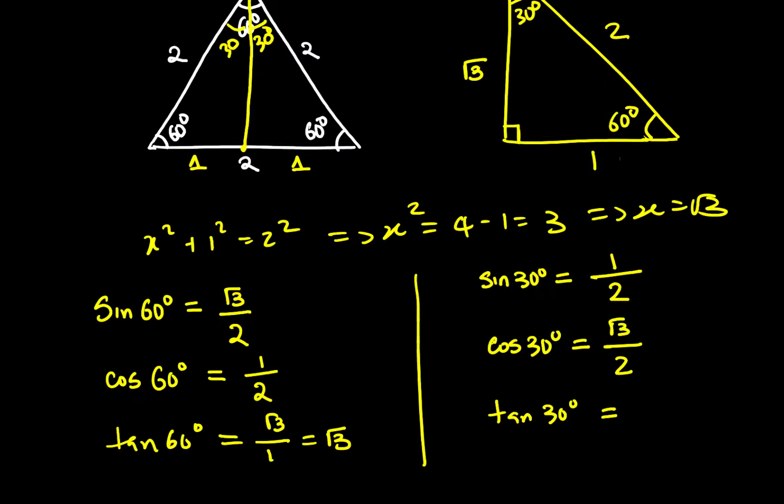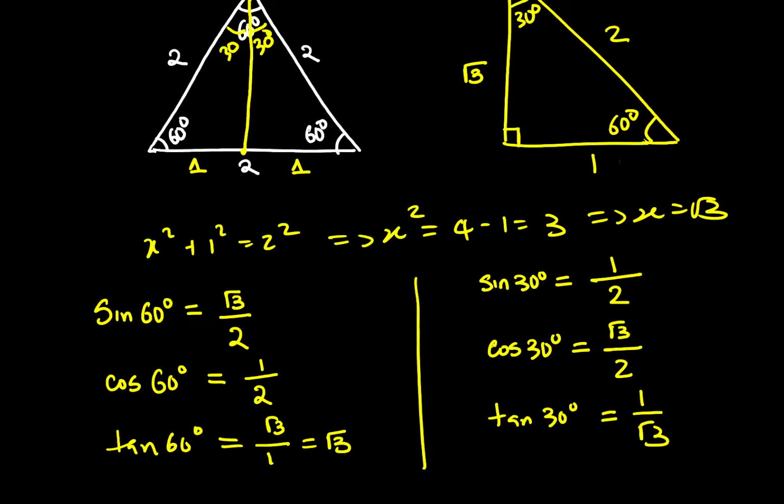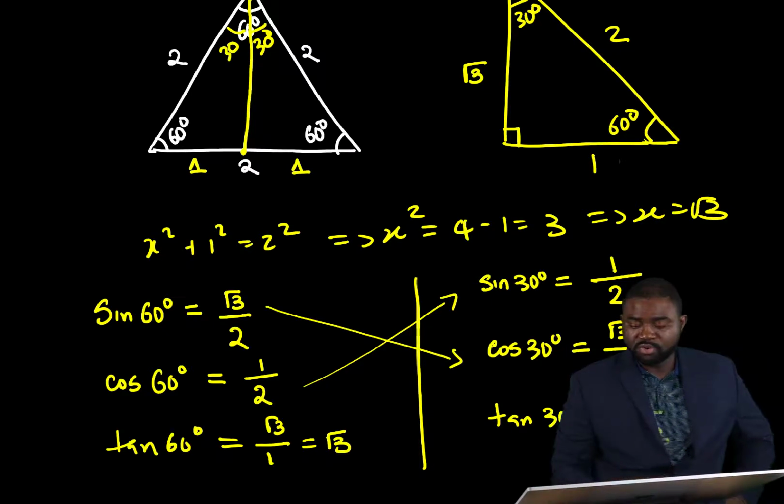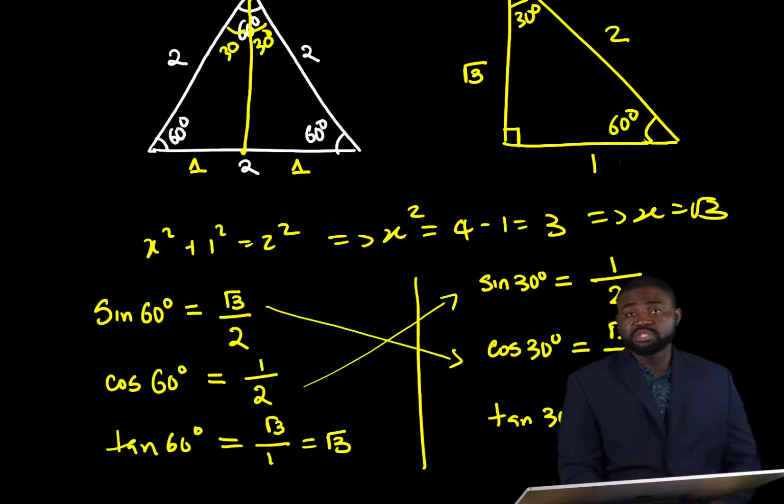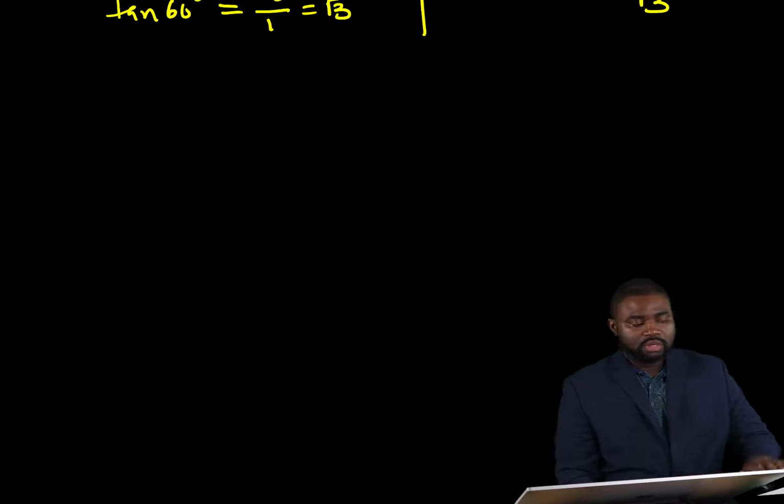So this is 1 over root 3. So if you look at this carefully, you realize that sine 60 is equal to cosine 30. Cosine 60 is equal to sine 30. And it is always good to remember this because we're going to play around with this, especially when we go to forces, vectors, and so on and so forth.